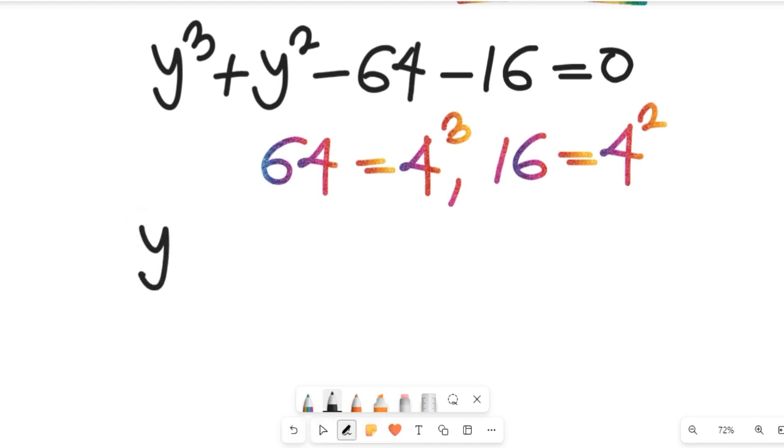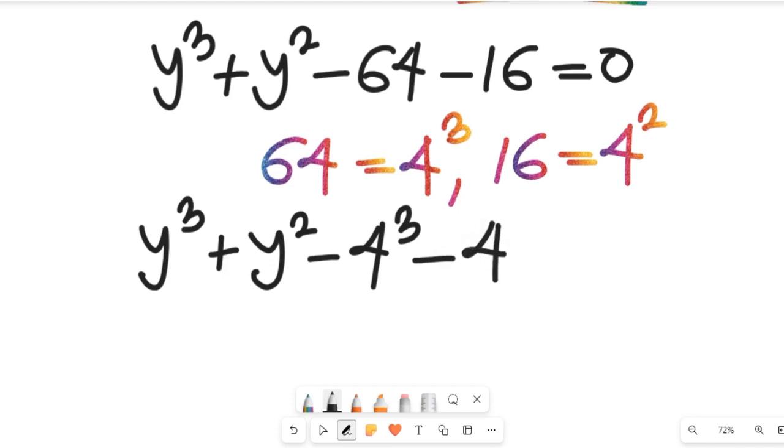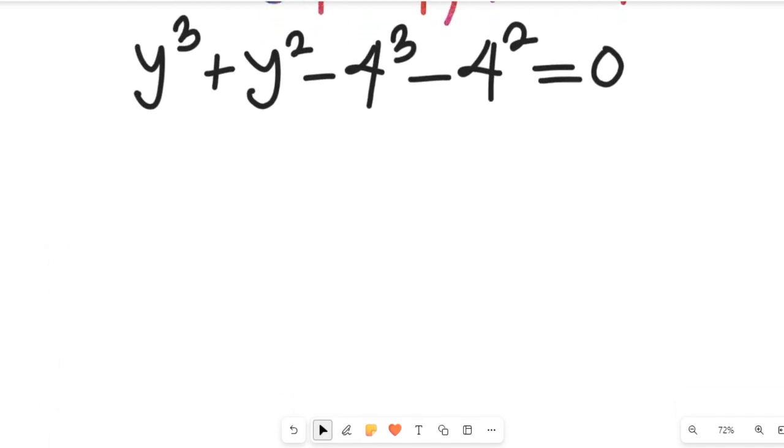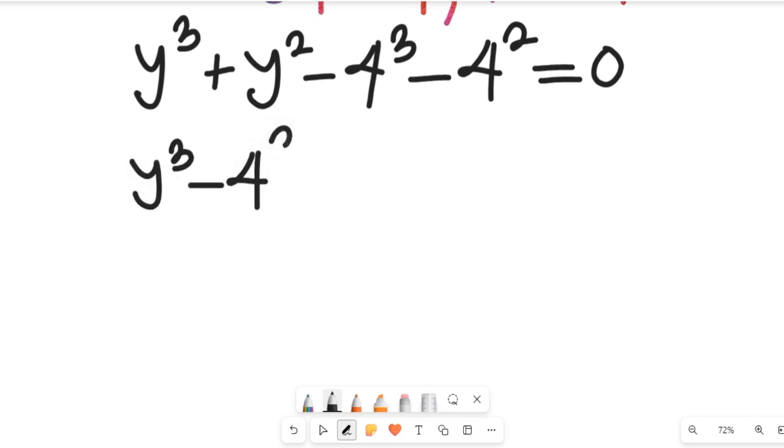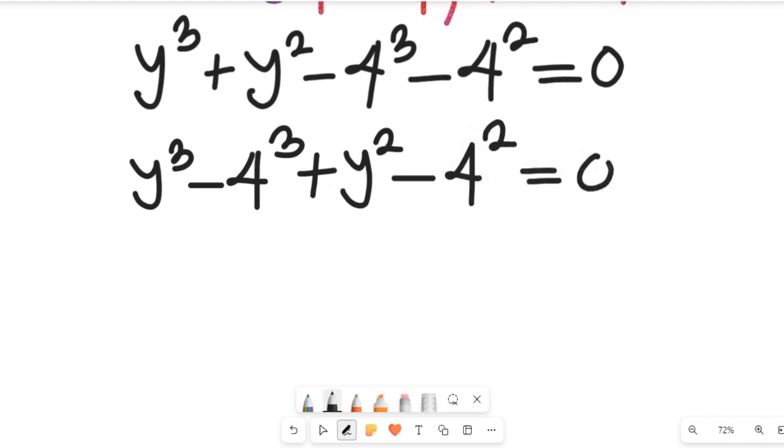So we'll have y to the power of 3 plus y to the power of 2 minus 4 to the power of 3 minus 4 to the power of 2, and that will be equal to 0. Great. Now let's simplify this. I'm going to collect the like terms such that y to the power of 3 will relate with 4 to the power of 3, and then plus y to the power of 2 will also relate with 4 to the power of 2, and this will be equal to 0.